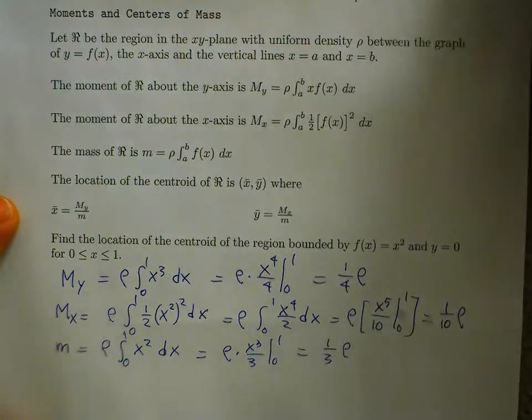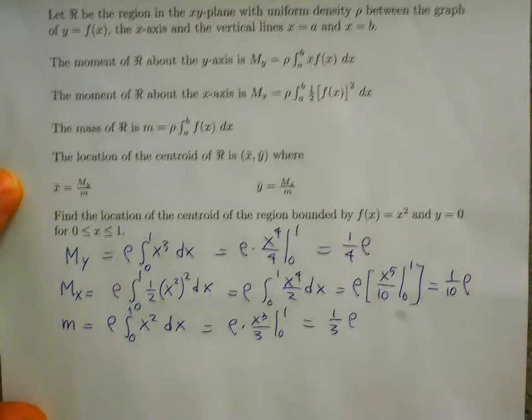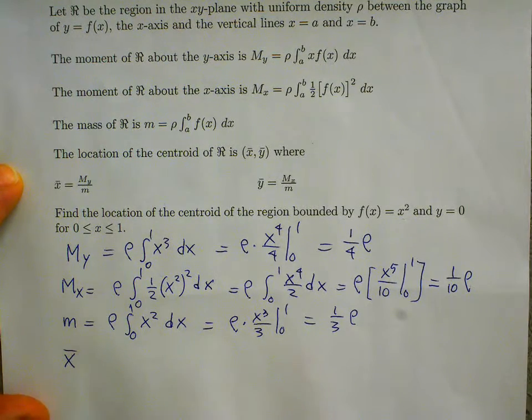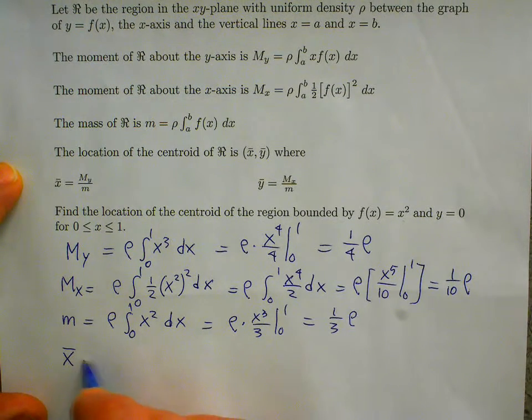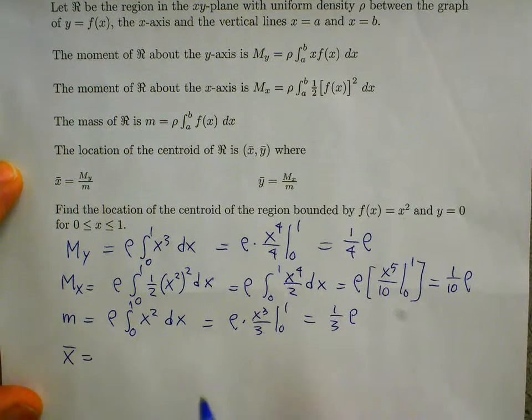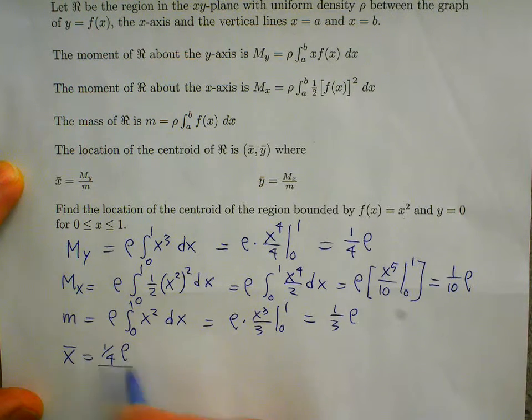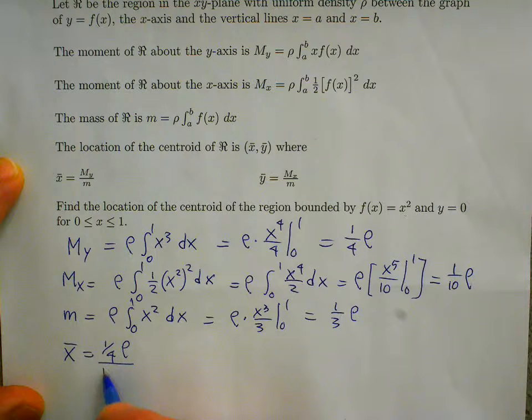Okay, then the centroid, x bar, the x coordinate of the centroid, this is m sub y divided by the mass. So it's 1/4 rho divided by 1/3 rho.